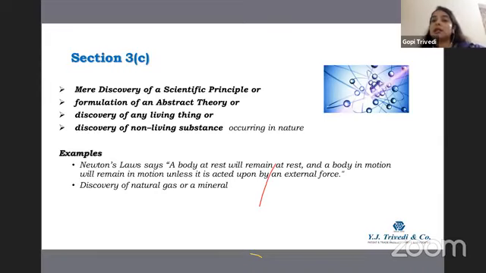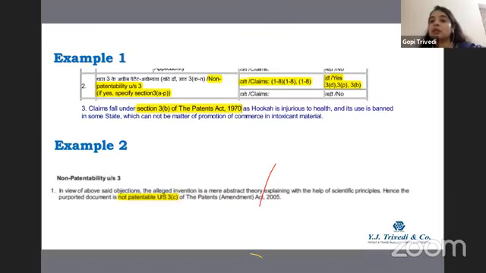So the theories are never patented, but the objects, the products, are always awarded patent. Such objections are there when you file a patent application and when it is examined.